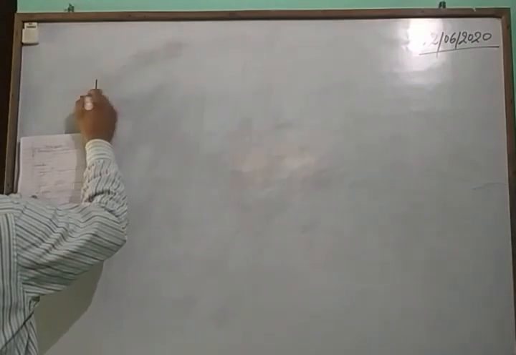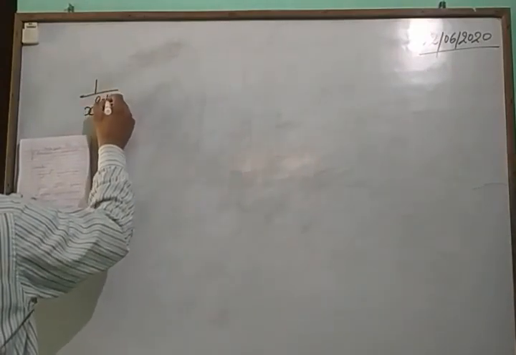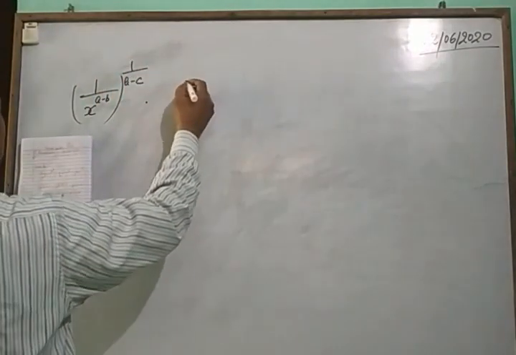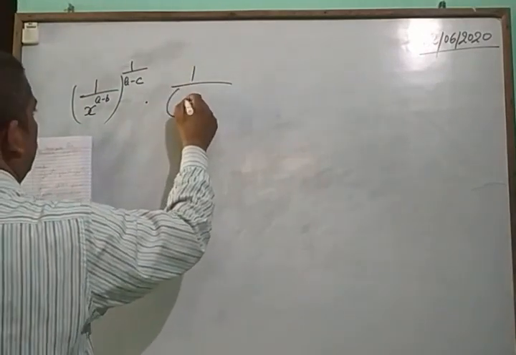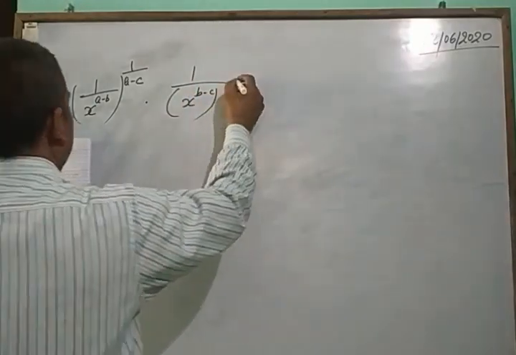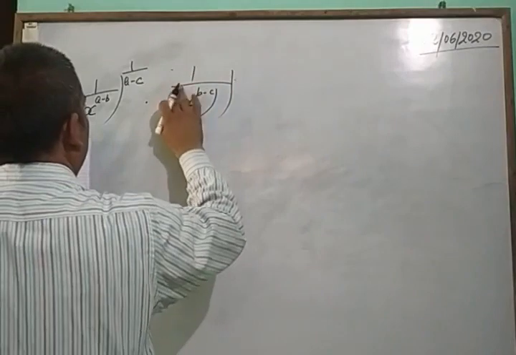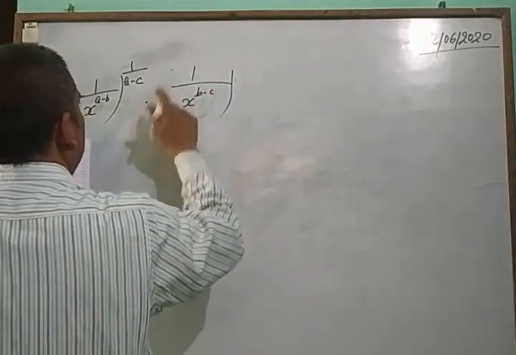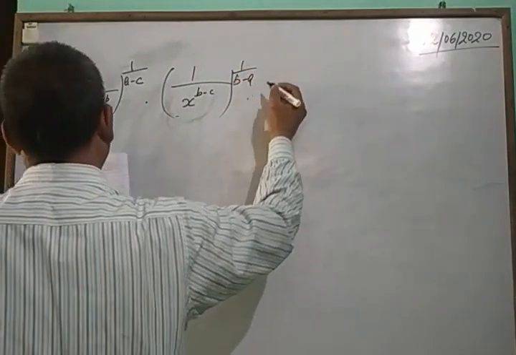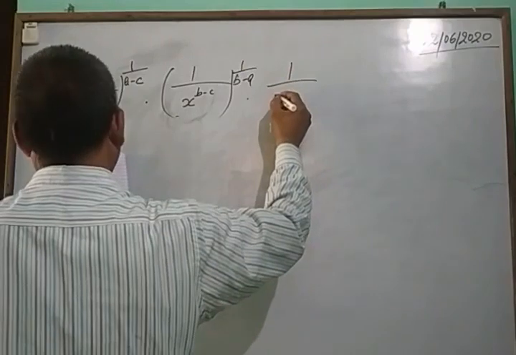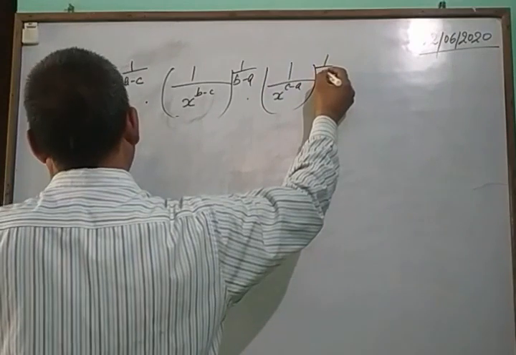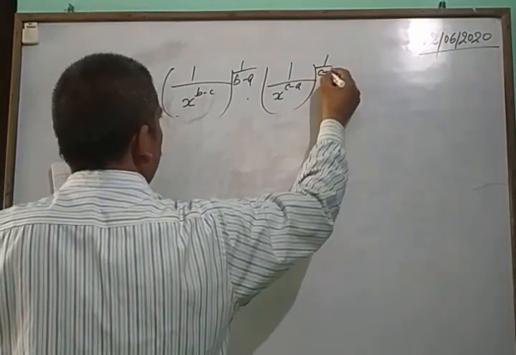First question is: x to the power a minus b, 1 by a minus c, into 1 by x to the power b minus c, 1 by b minus a, into 1 by x to the power c minus a, 1 by c minus b is equal to 1.